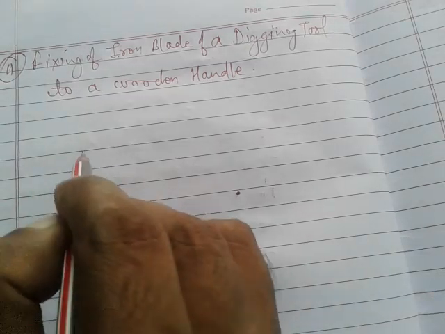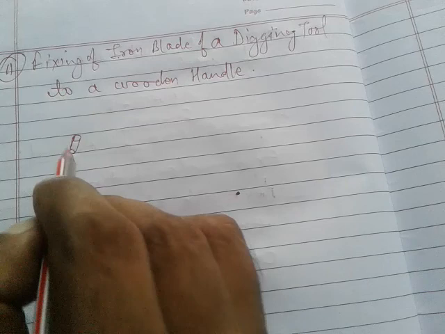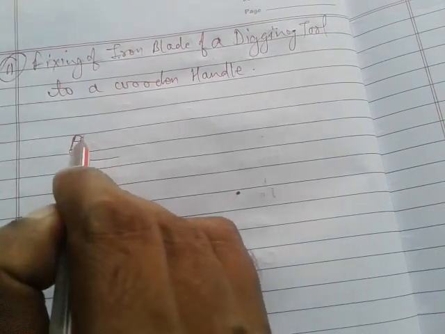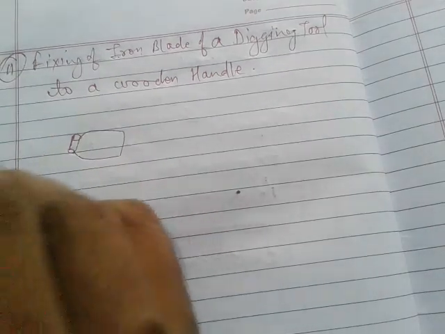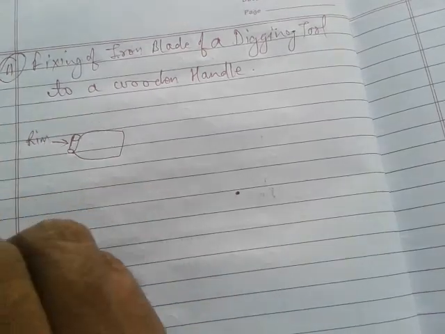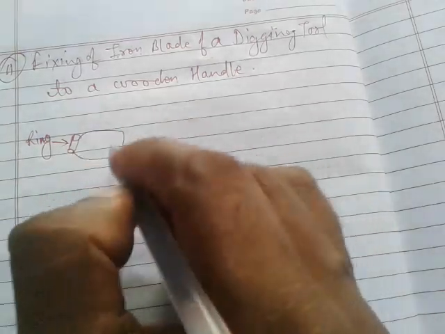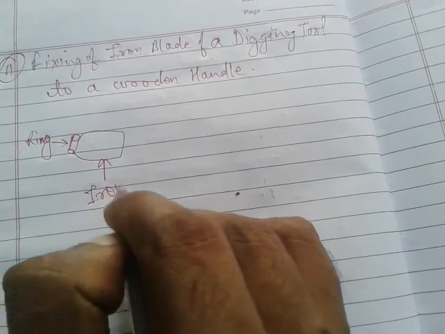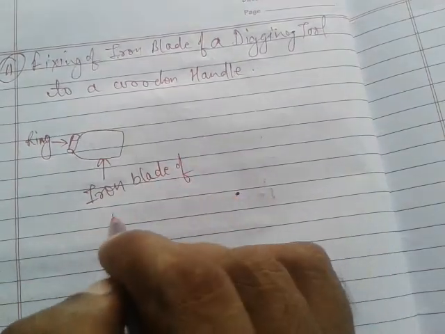Suppose that we have an iron blade of a spade. In Hindi we call it fawda, and this is the rim of the iron blade. This is called the iron blade of a spade.